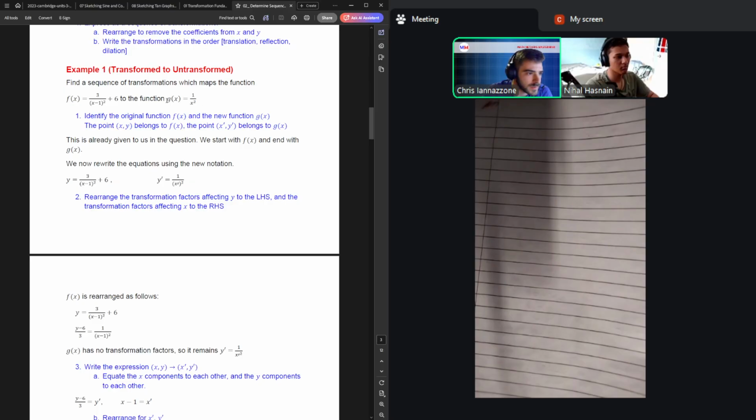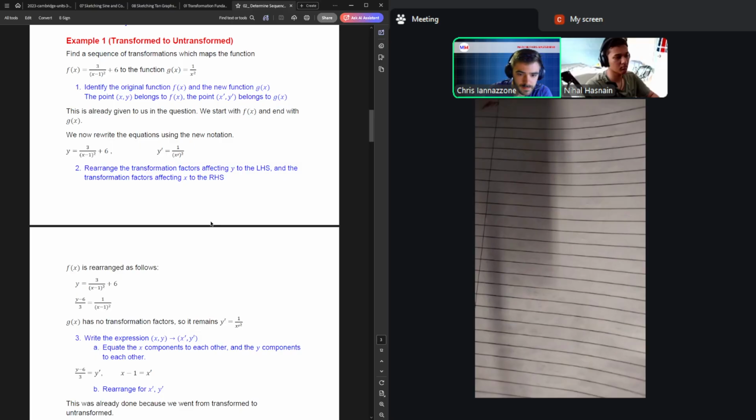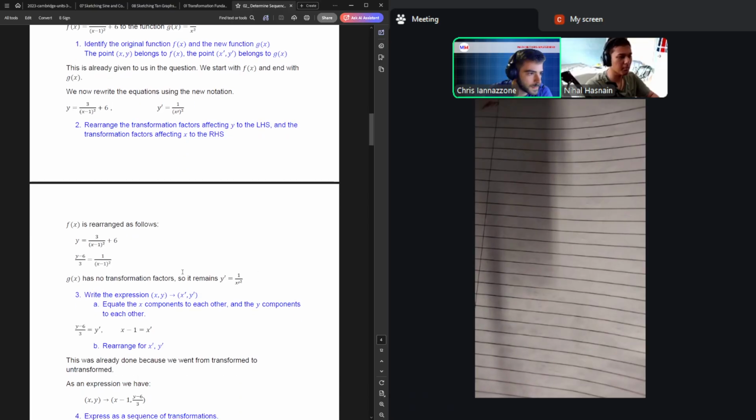So g of x is going to be rewritten as y dash equals 1 over x dash squared. X and y is going to go to the original function. So instead of saying f, we're going to say y, and x is still just going to be x there. Cool so far? Yep.